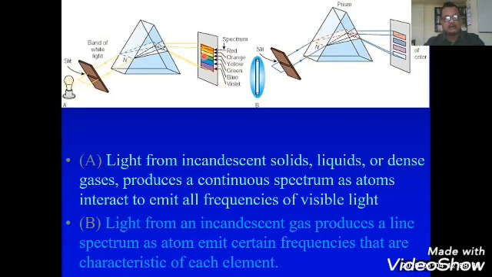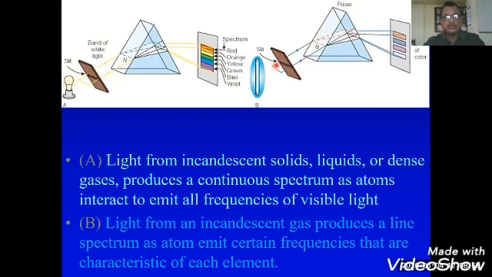So in a continuous spectrum, we have all the electromagnetic radiations appearing in the spectrograph in a continuous manner. But if you take a gas and apply a high potential difference, or if you heat the gas, then what will happen?